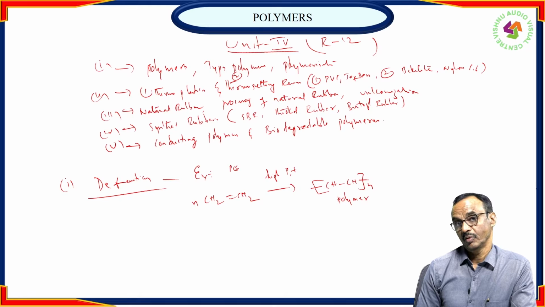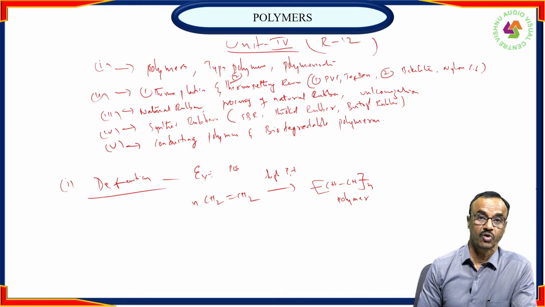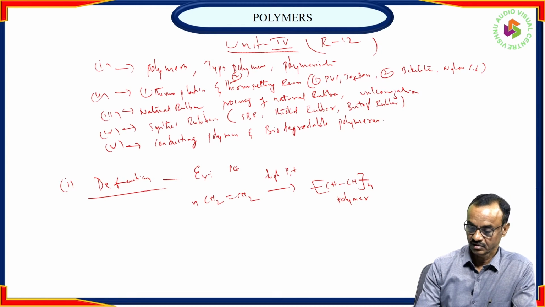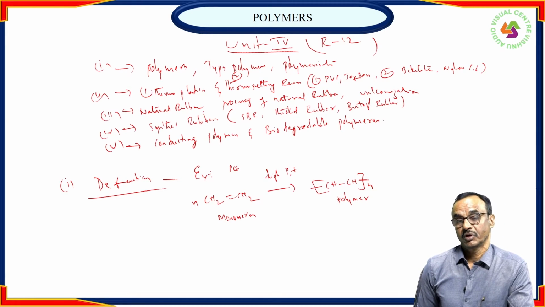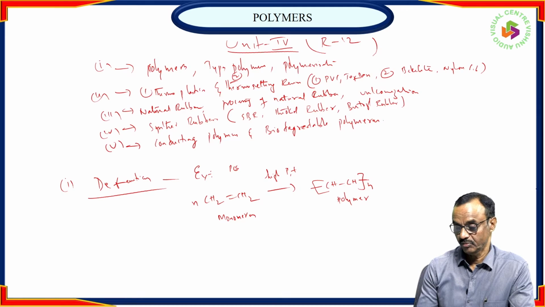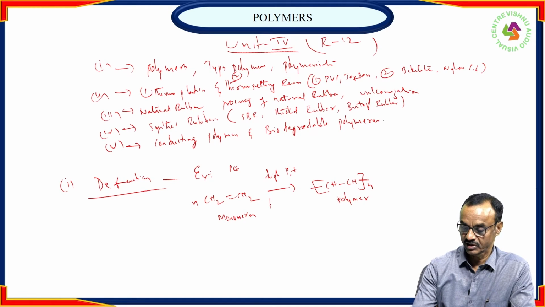The smaller units which are involved in linking are called monomers. And the process of converting monomers into polymer under the conditions of high pressure and temperature is known as polymerization.